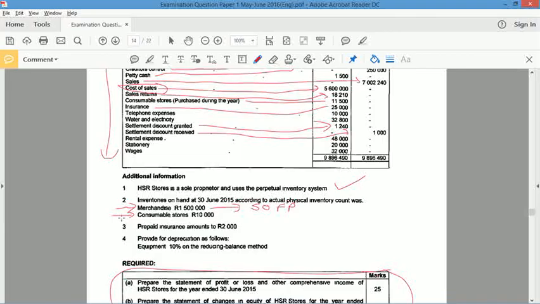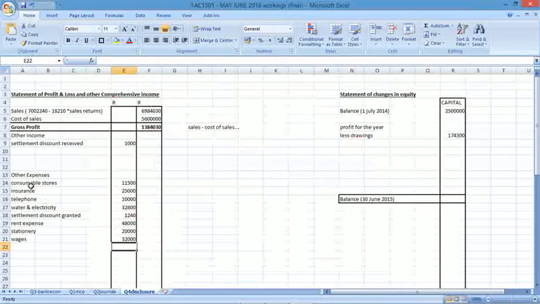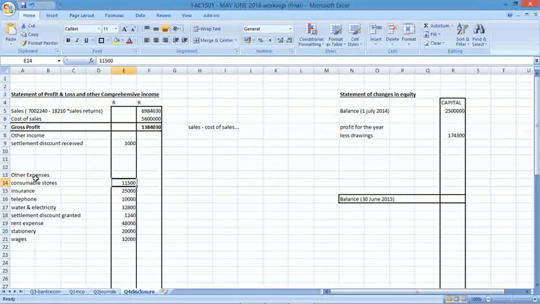So this consumable stores amount up here is actually too high, because you haven't used all of it, so you can't show all of it as an expense. Consumable stores of 10,000 is left on hand. So the expense for the year is actually less than the 11,500.